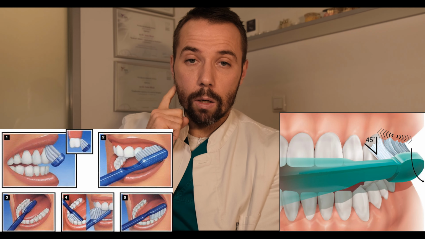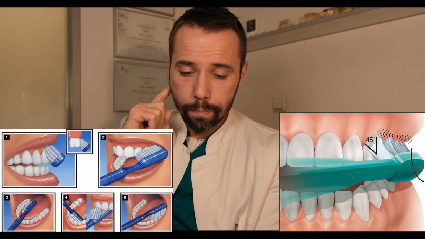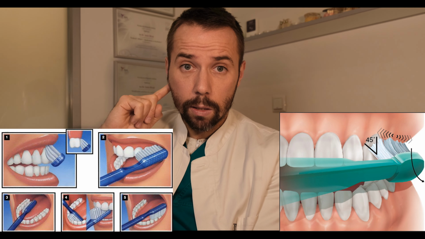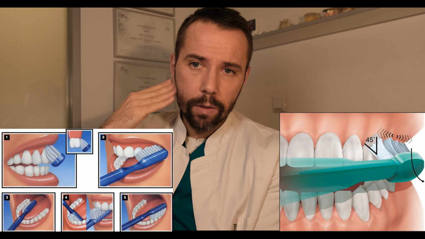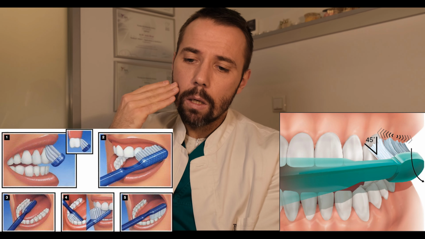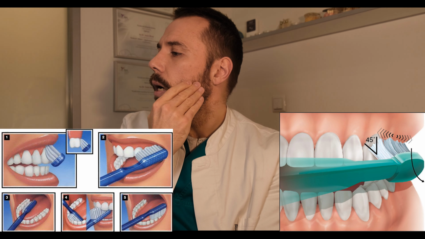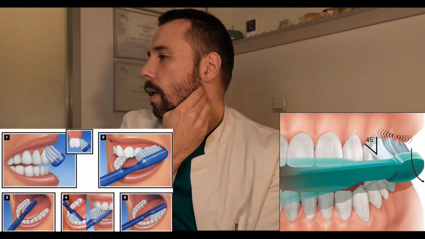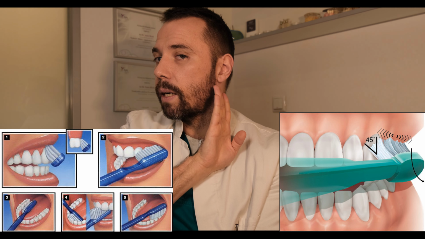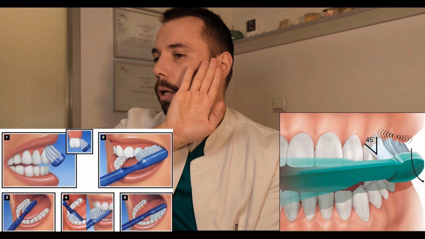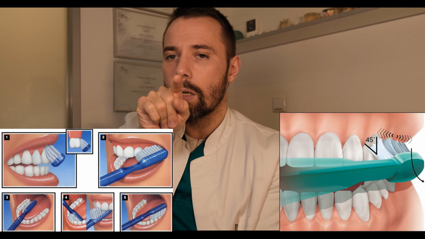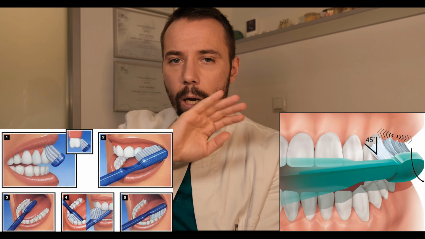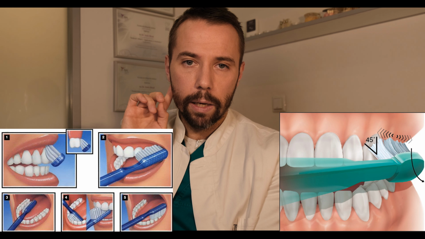It means, let's say I start from my right upper molar, second molar, or wisdom tooth, I don't know which tooth is the last in your mouth, and you start from there, and you go 45-degree angle, circular movement, frontal teeth, other side, from back to your other side, last tooth, and don't forget to go behind that last tooth, clean it, then go on the palatal side, again 45-degree angle to the palate, circular motions if possible to clean out that area, and finish it off at the area where you started.